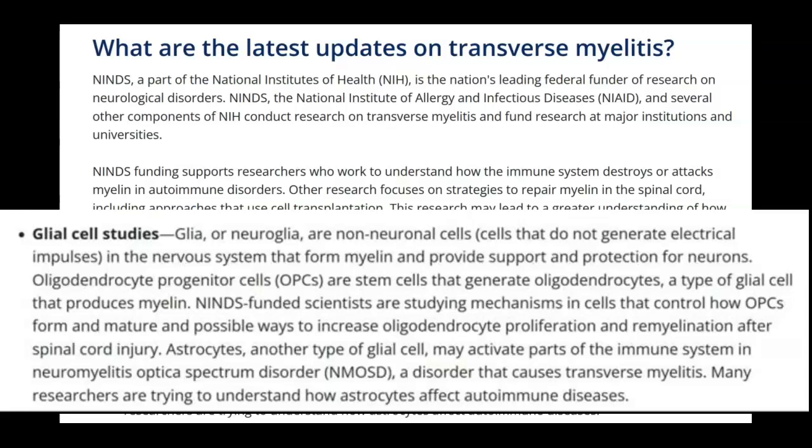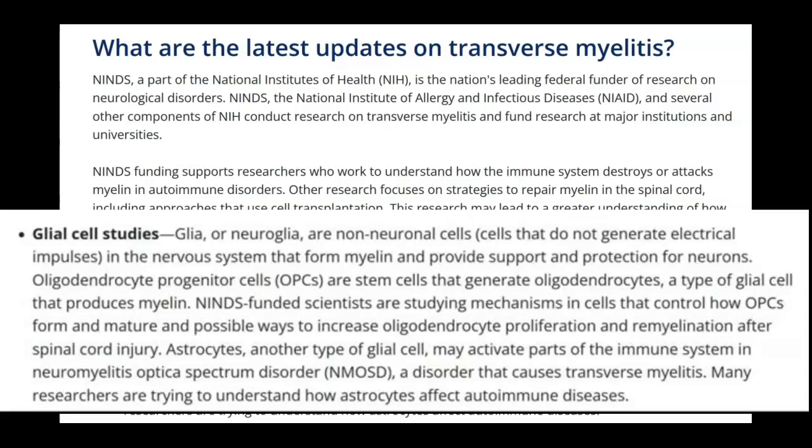NINDS-funded scientists are studying mechanisms in cells that control how OPCs form and mature and possible ways to increase oligodendrocyte proliferation and remyelination after spinal cord injury, which is one of the ways that you can acquire transverse myelitis.